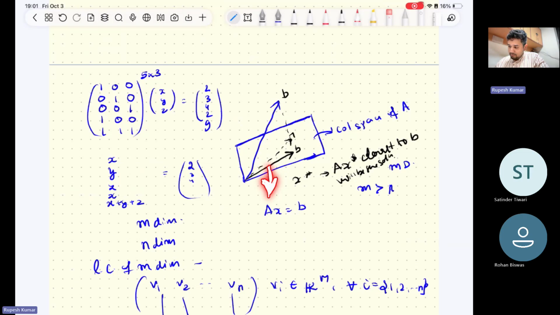And if it is not lying in this space, then you will have to take the projection. Now, if you take the projection of this vector itself, you will get the same vector again. So that's not a problem.